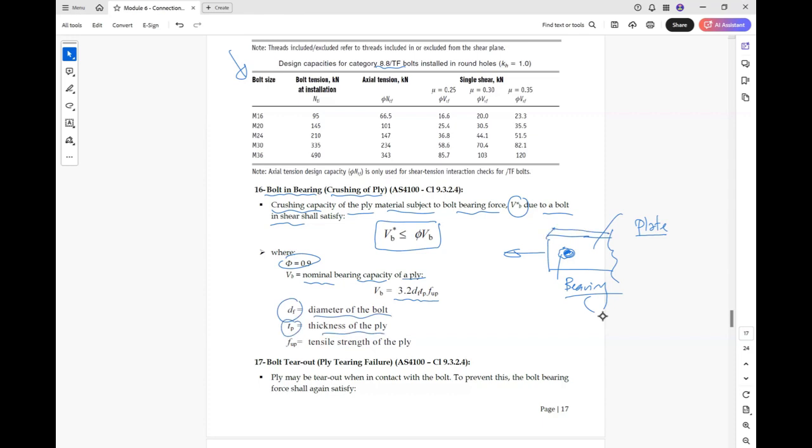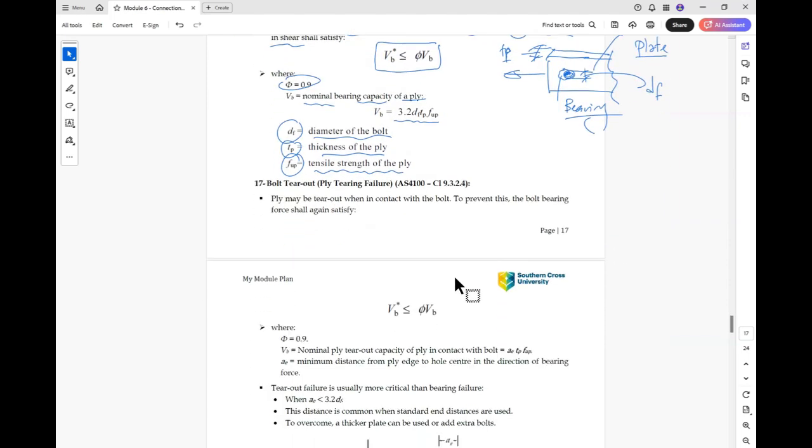So if you have this plate, this is tp, and the bolt diameter is df. fup is the tensile strength of the plate. Okay, so this is a failure mode of the connected plate, not the bolt itself.